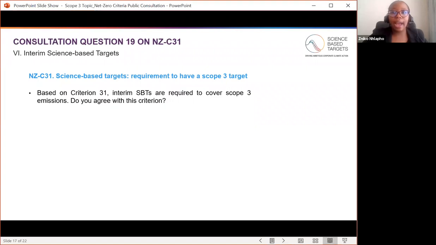So the consultation that we have for Criterion 31 is based specifically on this point on interim SBTs and whether interim SBTs are required to cover scope 3 emissions. And we are basically asking you whether or not you agree with this criterion.